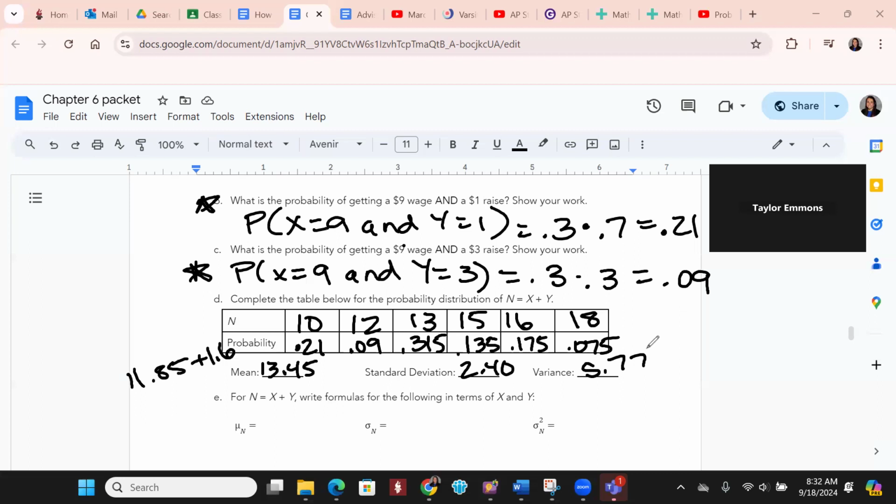Now here's the part that confuses a lot of people because we like to use notation in stats. So don't get tripped up by all these little Greek symbols. If I was finding the mean of x plus y, then I'm going to find the mean of x and add it to the mean of y.